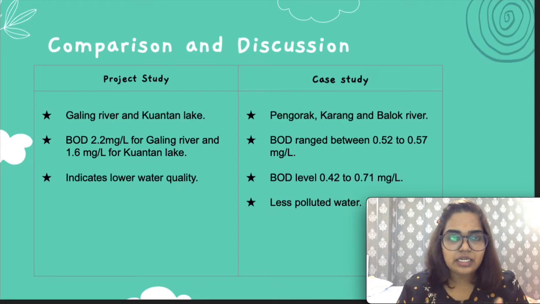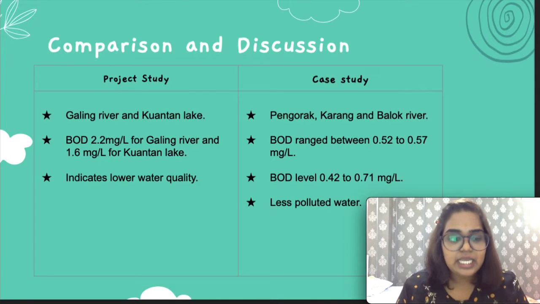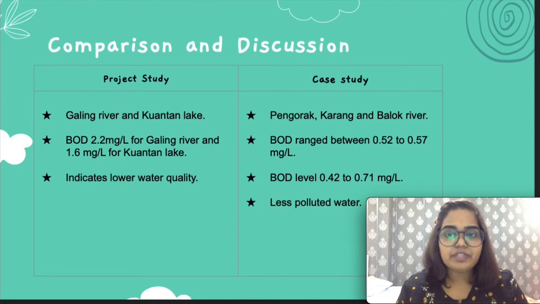Then, on 24th February 2017, the BOD was taken again and the range was between 0.42 to 0.71 mg per liter. Based on the case study, the lowest BOD was recorded at Balok River and the highest BOD was recorded at Pengora River. Compared with the case study, our water samples are more polluted than those taken in 2017.